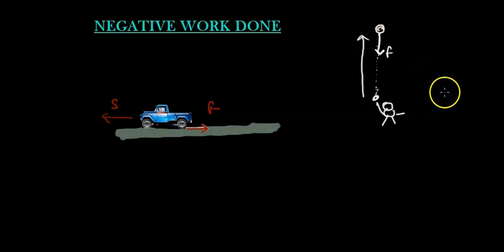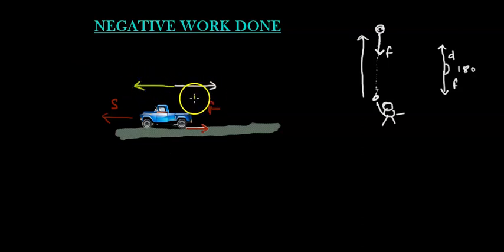Now you can see the force is going in this direction and displacement is happening in this direction, so the angle between them is 180. In the same way, you can see over here, the force is applied in this direction and the displacement produced in this direction, and the angle between them is 180.